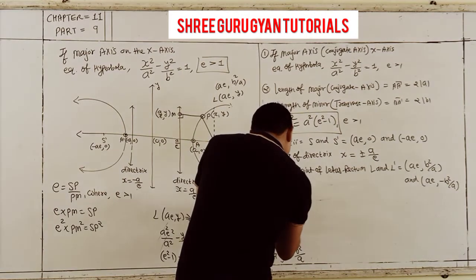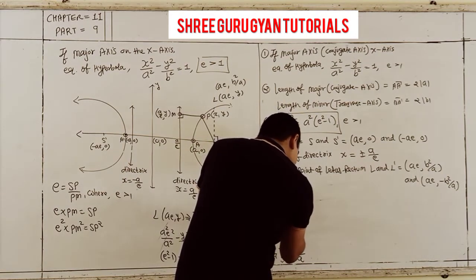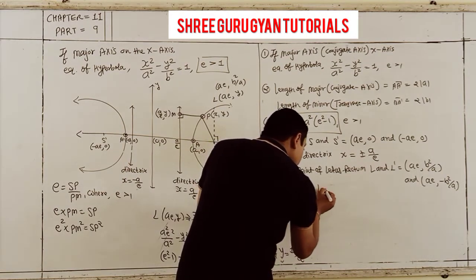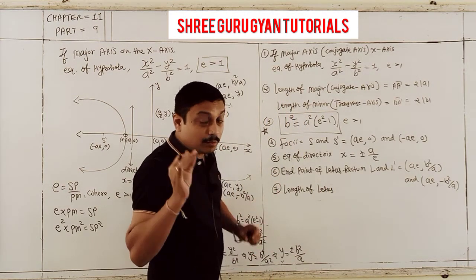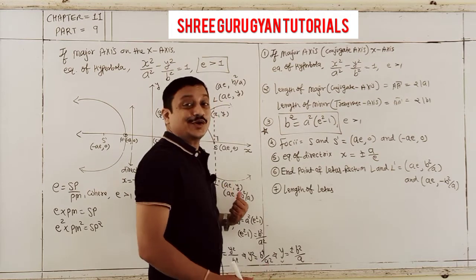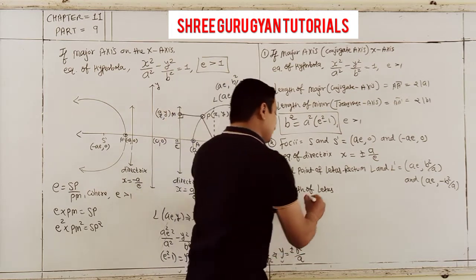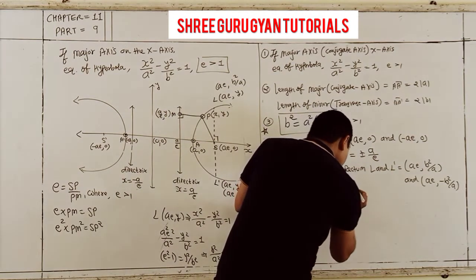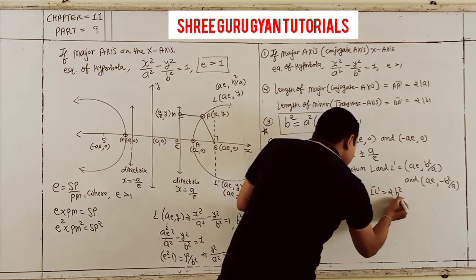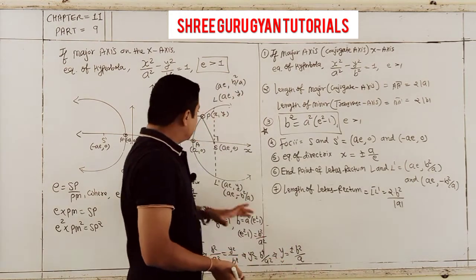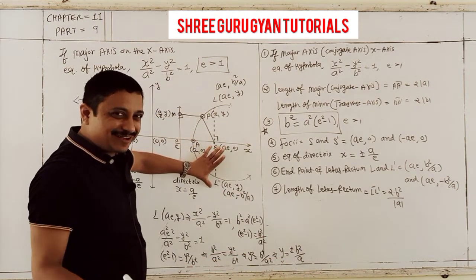Now point 7, length of latus rectum. Students, all these points you must write down in your notebook properly, then you can memorize this drawing easily. Yes, length of latus rectum L to L dash is 2 b square by modulus a, means this length L to L dash, distance formula applied.